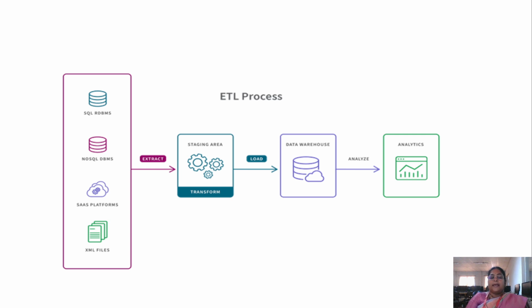As I said, extract, transform and load is called the ETL pipeline. See how it's working. We have SQL RDBMS datasets, NoSQL DBMS, cloud, SaaS, software as a service, and some XML files. From all these sources we get the data.